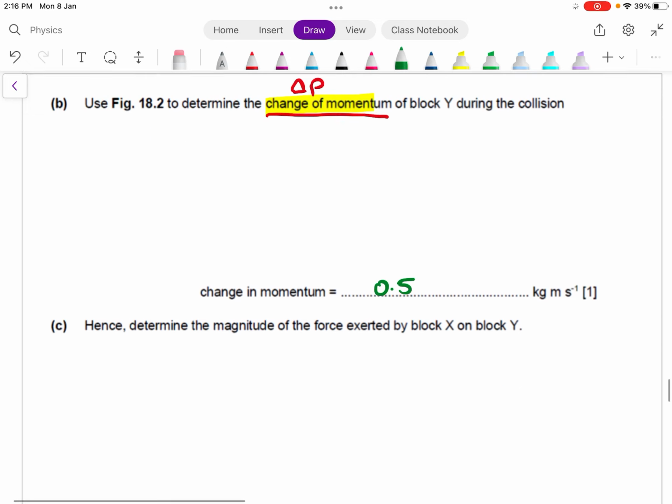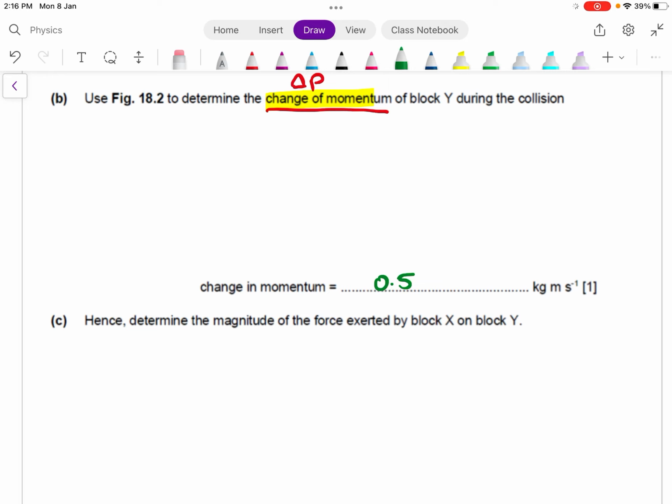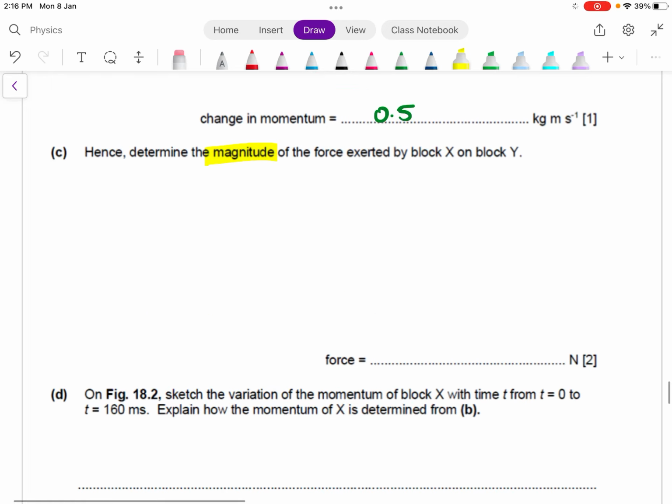For part C, hence determine the magnitude of the force. You can see there's a magnitude here, so you just give them the number. It's the magnitude of the force exerted by block X on block Y. Let's take a look at how we solve this. From 60 to 100 seconds, block X and block Y collide.